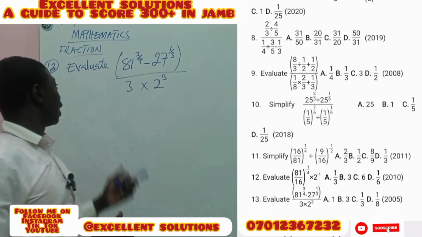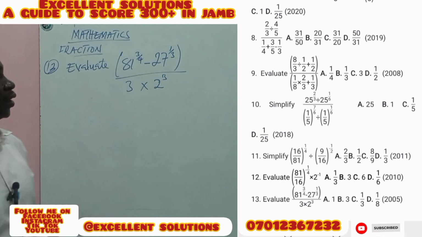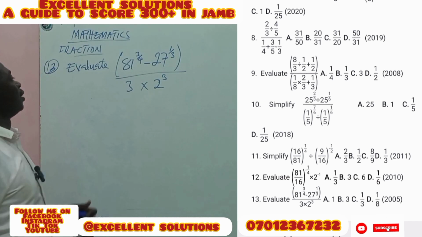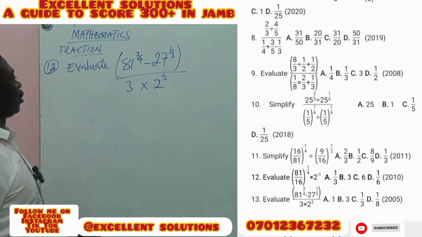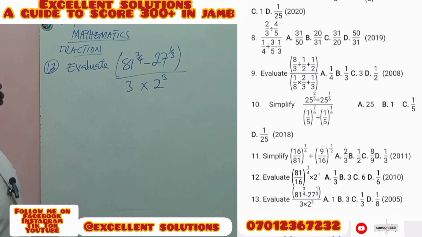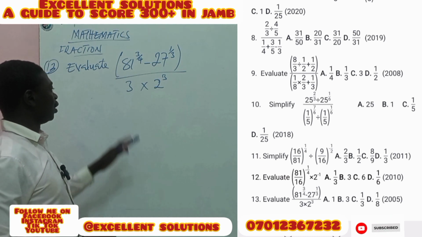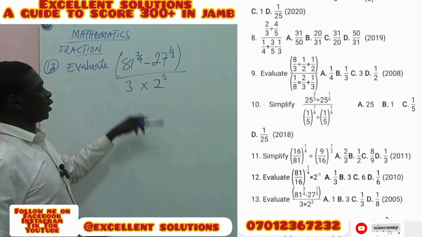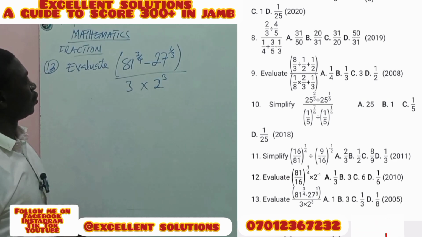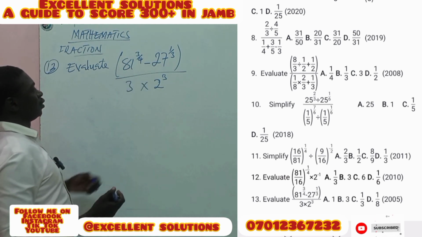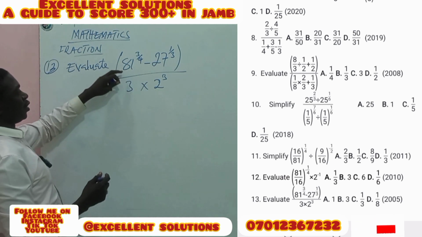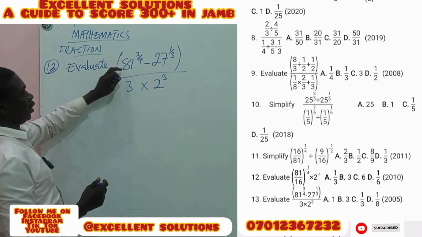Next question is question 13, and question 13 says evaluate, bracket open, 81 raised power of 3 upon 4 minus 27 raised power of 1 upon 3, all upon 3 times 2 cube. So the first thing we need to do here is work on the numerator, and this 81, what can we raise to the power of 4 to get 81?